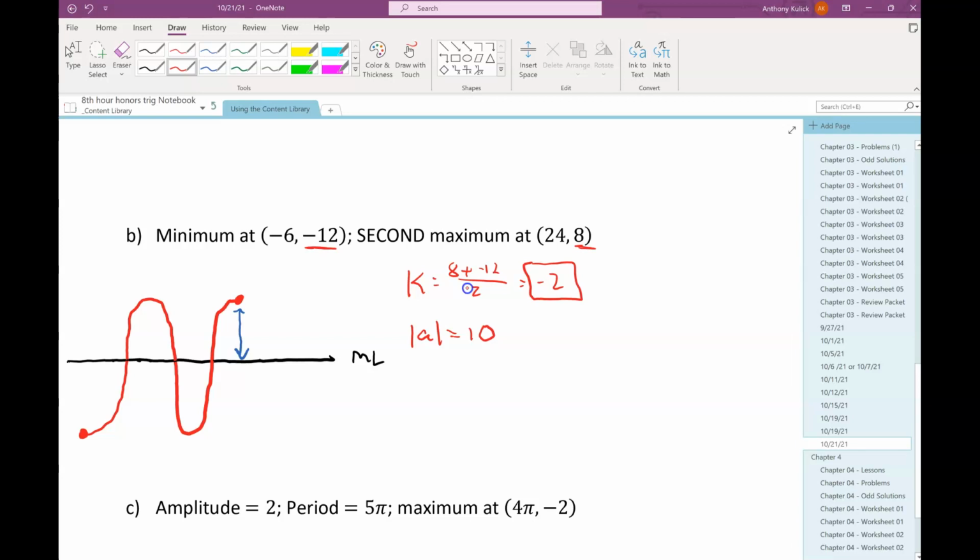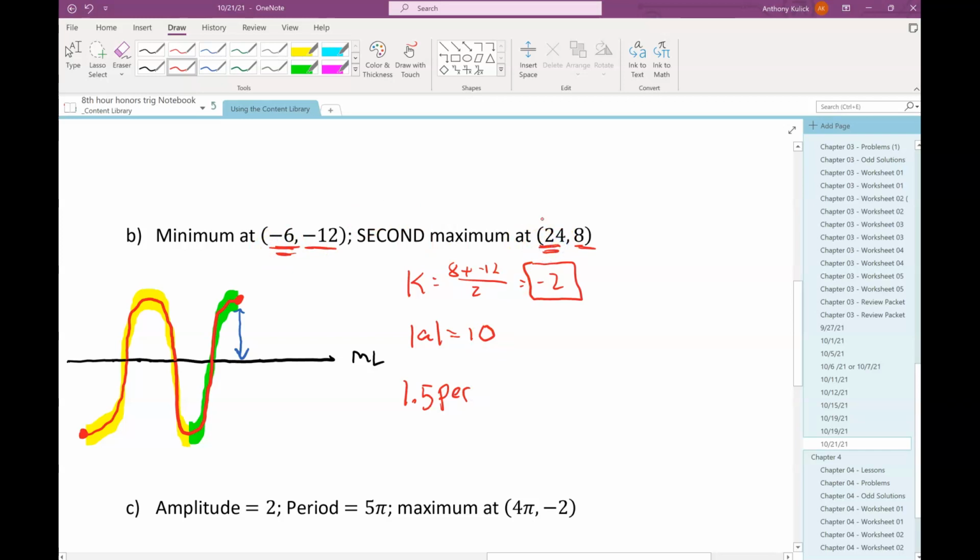Next thing I'm going to do is work on finding my C. To do that, I'm going to figure out how much I have here. So from here to here is 1 period, and then here to here is another half. So I have 1.5 periods as the distance in the x's.